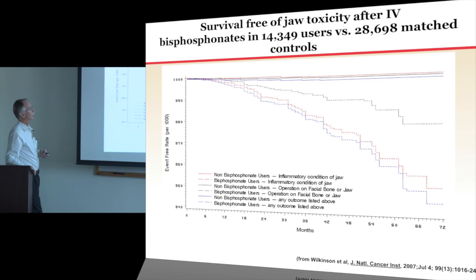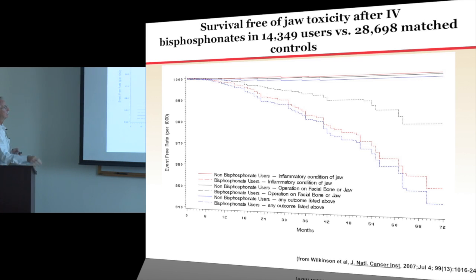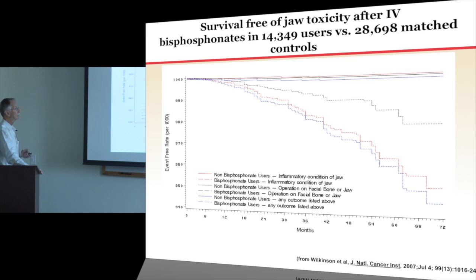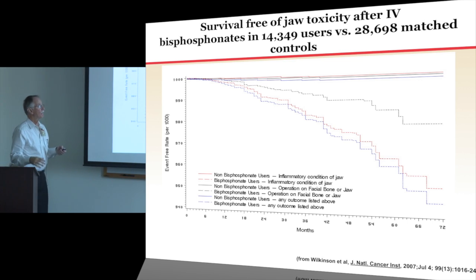And a similar type of thing, this was the first population-based study of bisphosphonates with the jaw problem, the osteonecrosis of the jaw, because back in the 90s and early 2000s, everyone knew that IV bisphosphonates were great for breast cancer.